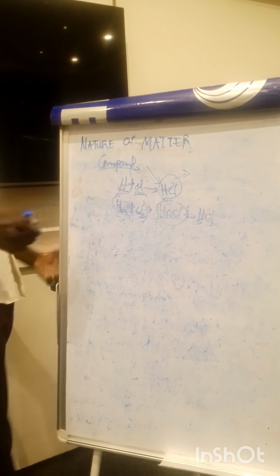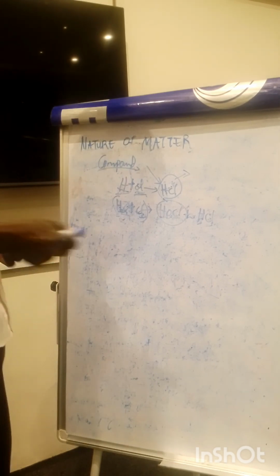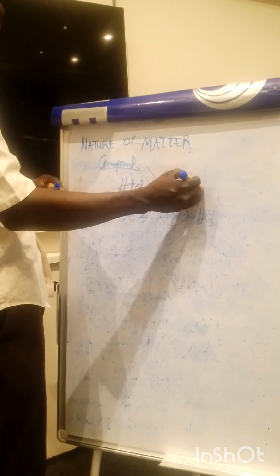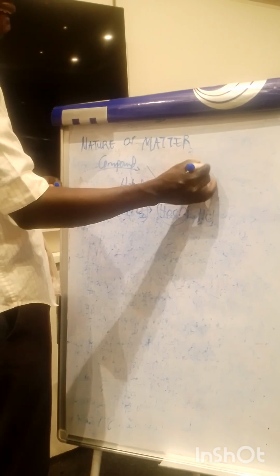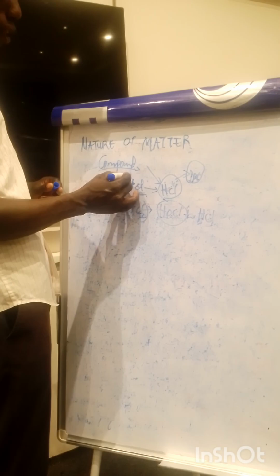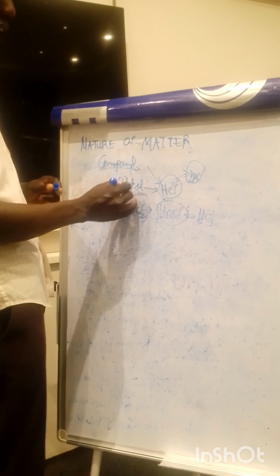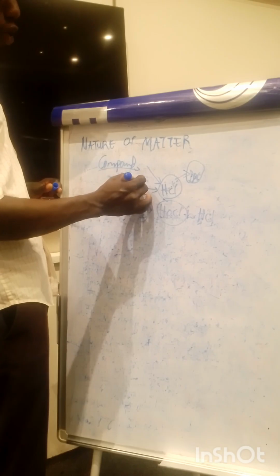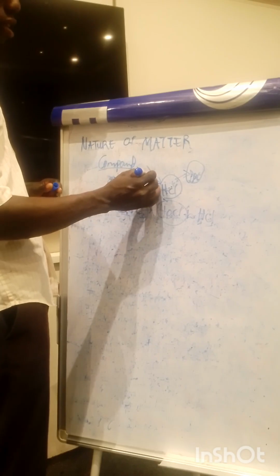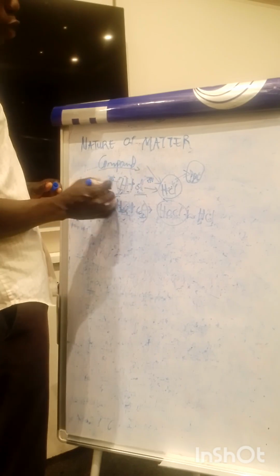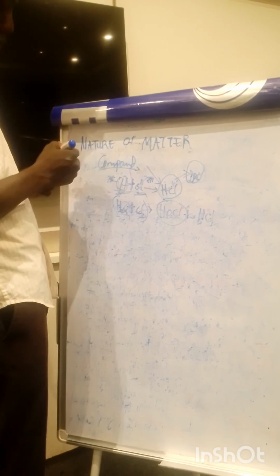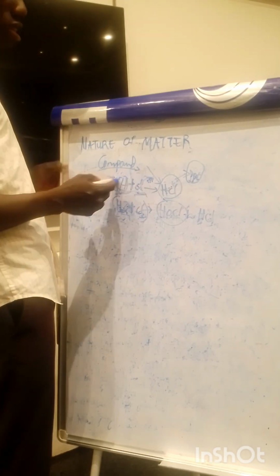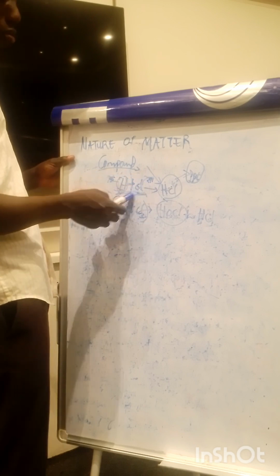Are you with me? And now this new substance that is being formed would have properties that are totally different from its component elements. You know that hydrogen has its own physical properties, and chlorine too has its own physical properties. So if you mix the two of them together, their properties would not be retained.